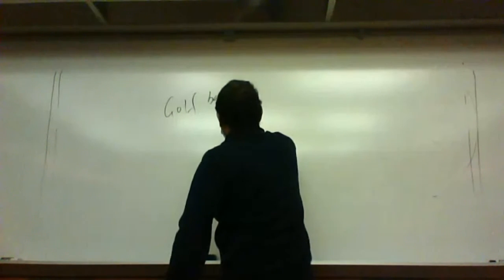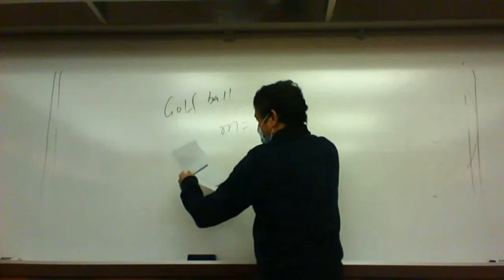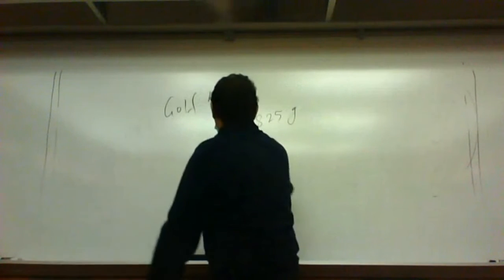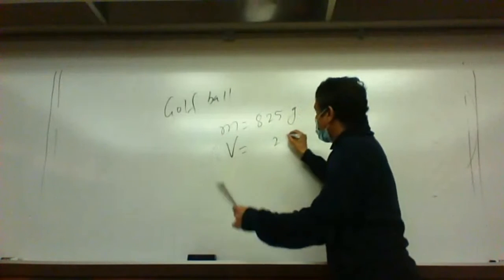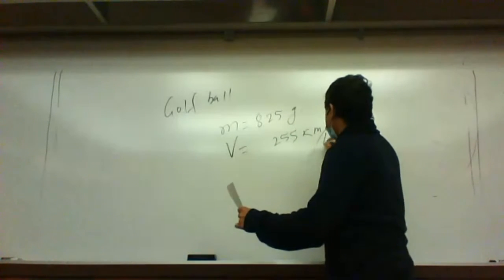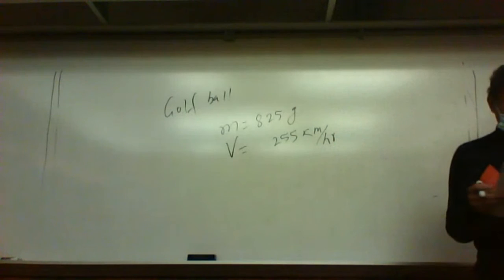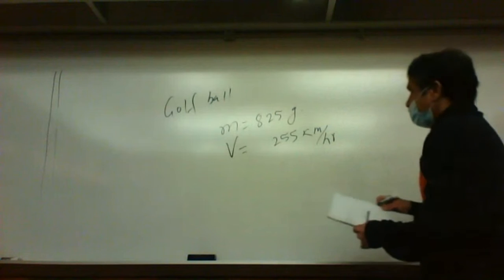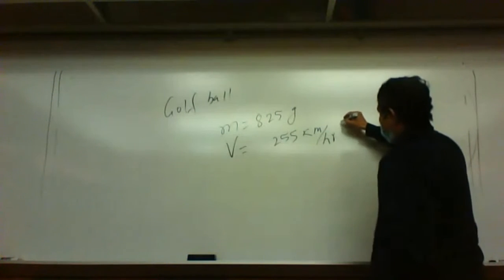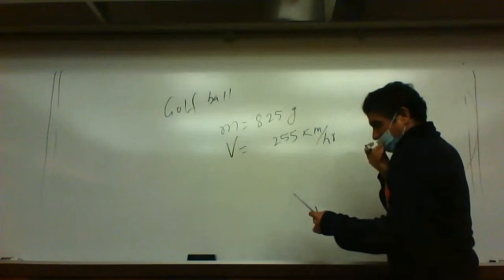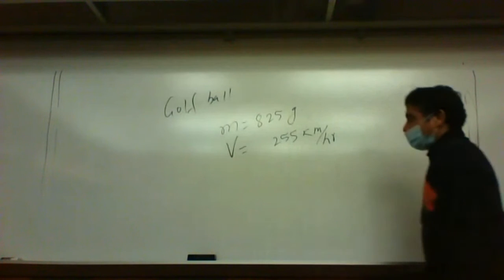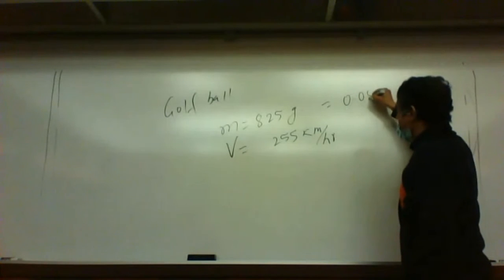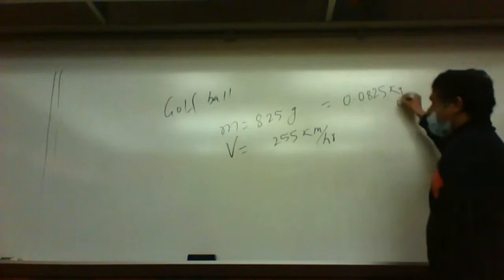So the golf ball has a mass of 82.5 grams, and the golf ball is moving with a velocity of 255 kilometers per hour. Now I have mass and velocity. The velocity must be in meters per second, so you need to convert kilometers per hour into meters per second and grams into kilograms. Converting gives 0.0825 kg.